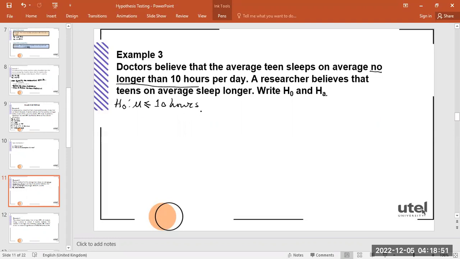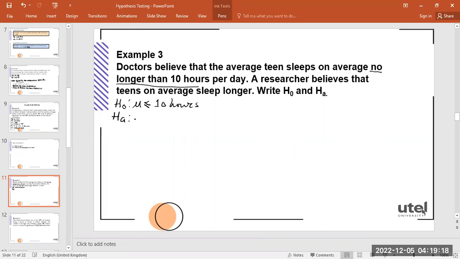So you can sleep for 1 hour to 2 hours up until 10, but no more. So that will be represented with less than or equal to 10 hours, whilst a researcher has an alternative hypothesis, which believes that teens on average sleep longer. So in other words, teens sleep longer than 10 hours.